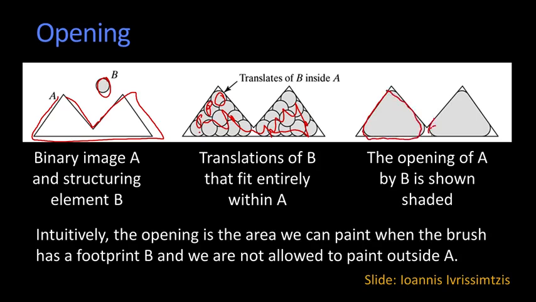And you'll notice that it has broken the connection between those two triangles, and it's also rounded the edges. So it's not surprising that it's broken them, because it's too small and the whole thing doesn't fit there. And the rounding is because of the shape of B.